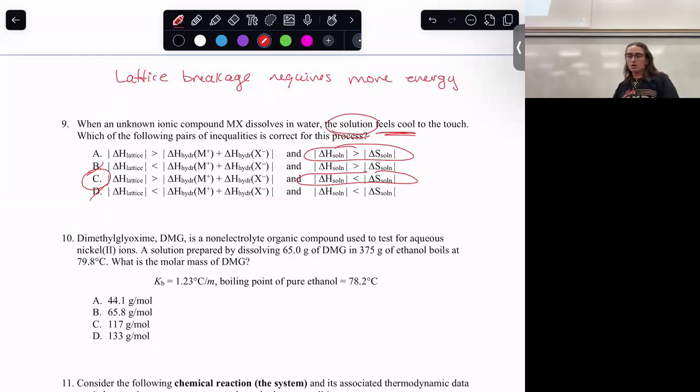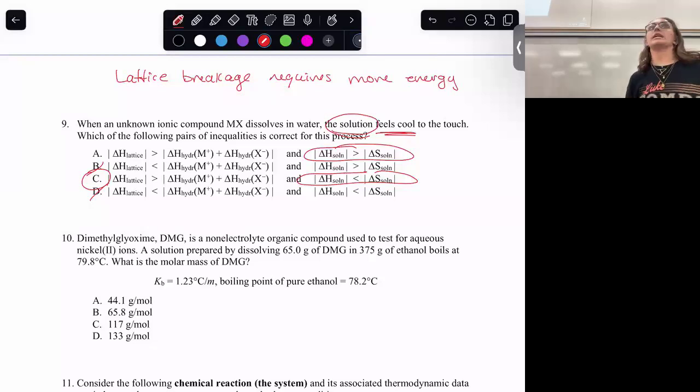No. So when your solution feels cool to the touch, that's because your delta H of the lattice is bigger than the delta H of the hydration. If your solution was warm, then your delta H of the solution is bigger. Making a solution, is the delta S of the solution always greater?